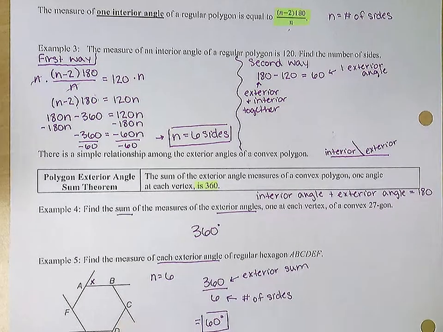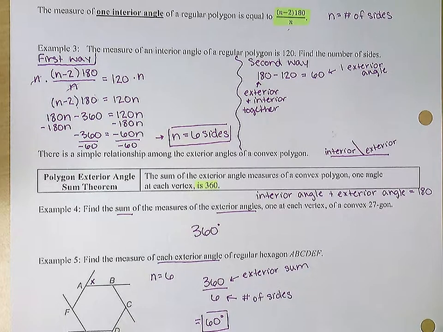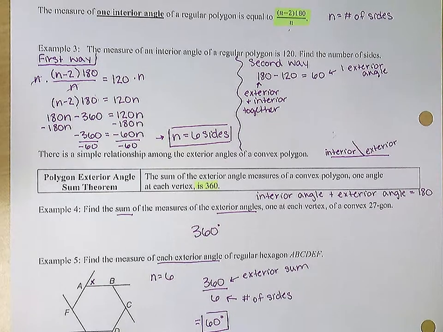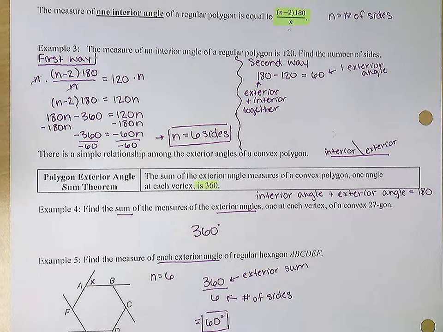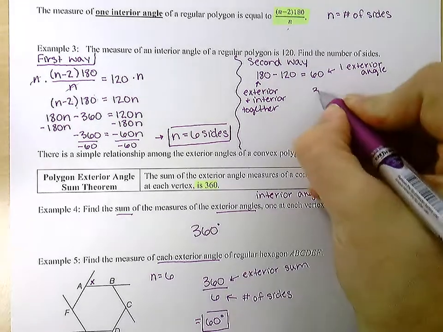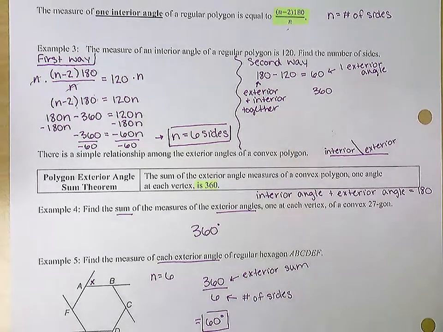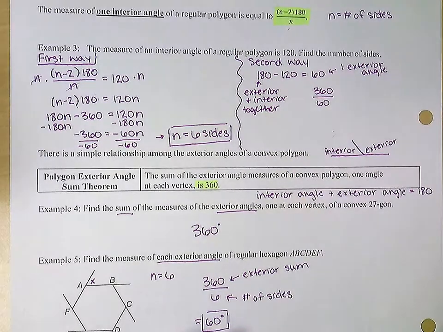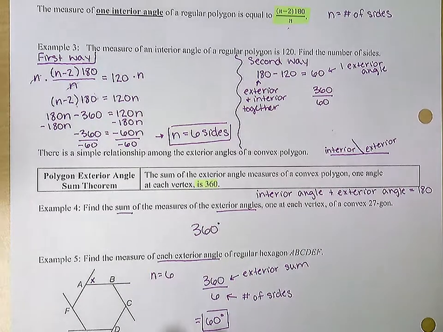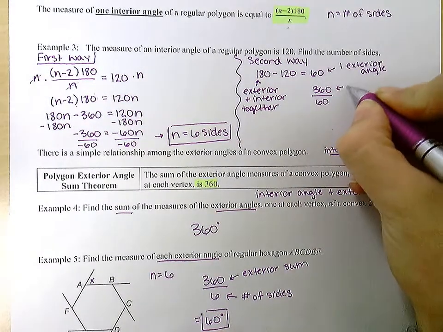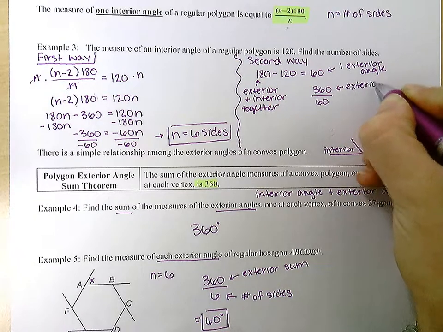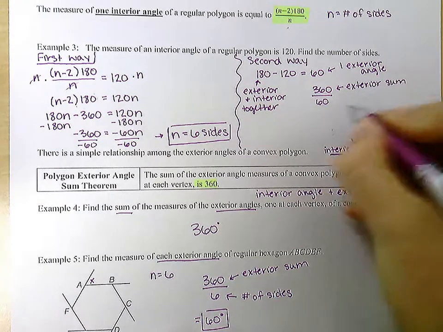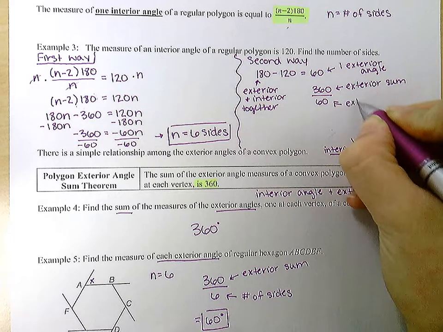Okay, and we just learned that your exterior angle sum is 360. So if I know what each of my exterior angles, what each measure is, I can take that exterior angle sum of 360 and divide by your exterior angle. So that's your sum. This is your exterior angle.